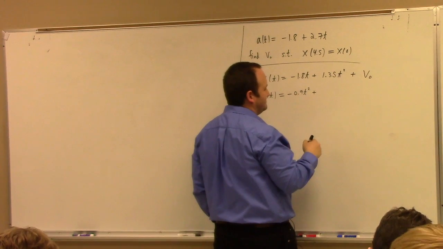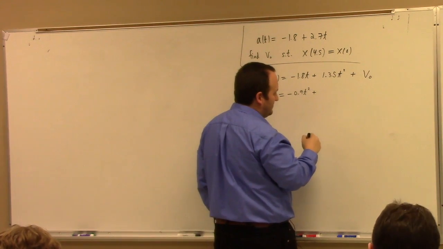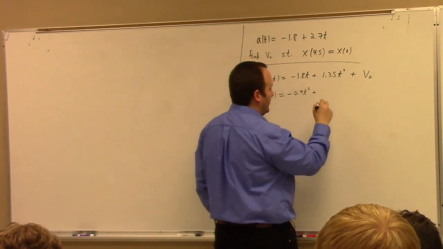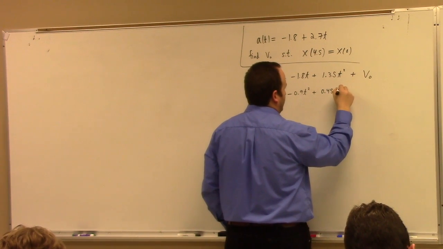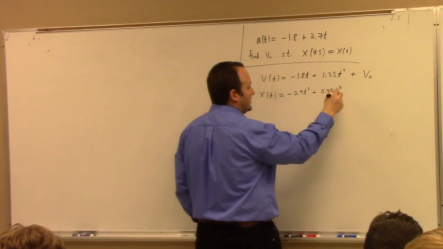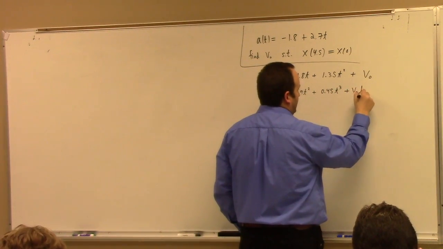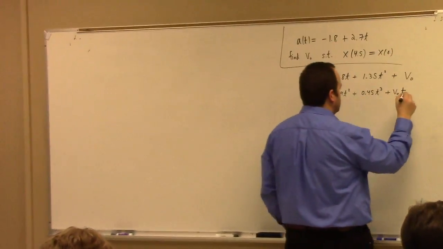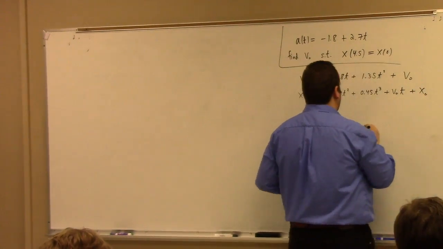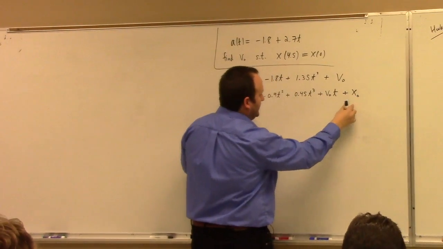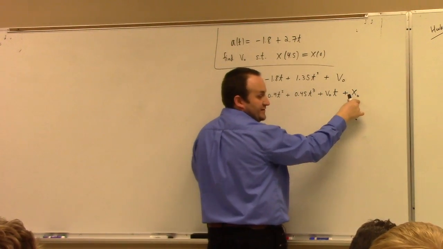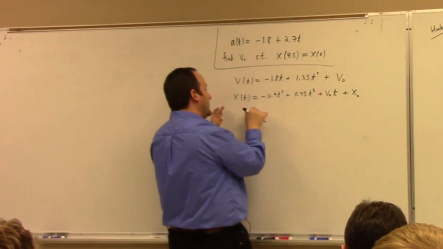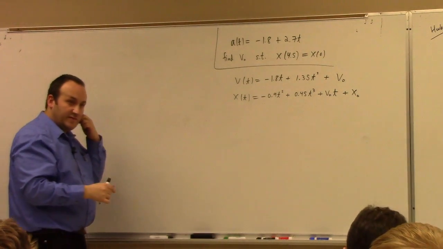I don't know. What do you got? 0.45? Be careful there, otherwise you'll get the wrong answer. But 0.45 t cubed plus v naught t, right? Plus x naught. And again, it's reasonable to put x naught here because if you put in t equals 0, you get 0 plus 0 plus 0 plus this constant. So clearly this constant has the meaning of initial position.